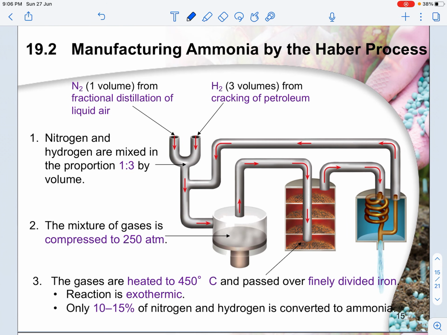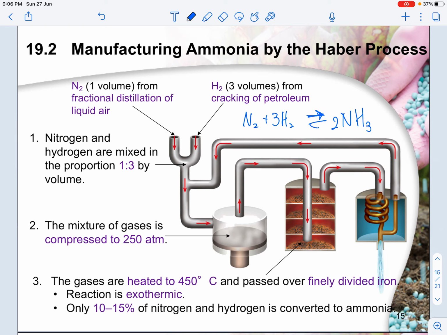so how is the whole Haber process done? You will need to follow the equation of N2 plus H2 gives you NH3. So if you balance it out, okay, this is the reaction.